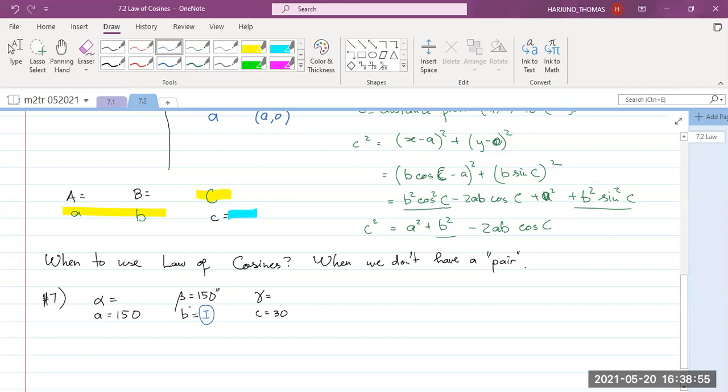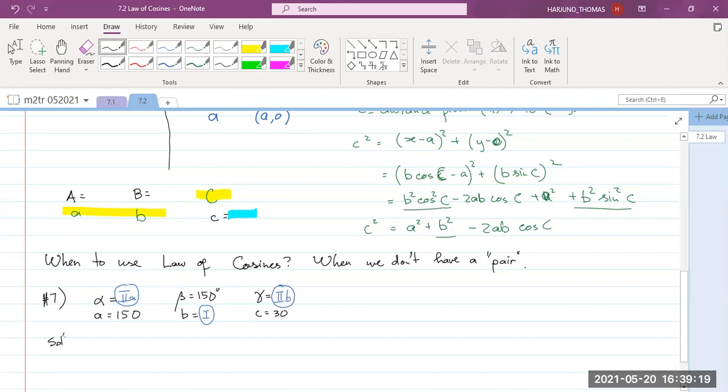Okay, that's what we can find first. Now then from there you can use law of sine to get this one, or this one. Is it okay? But we can find side B first. Okay, let's solve that.